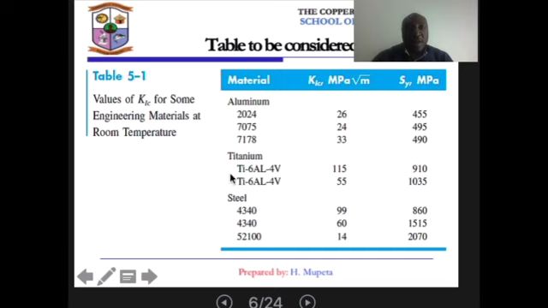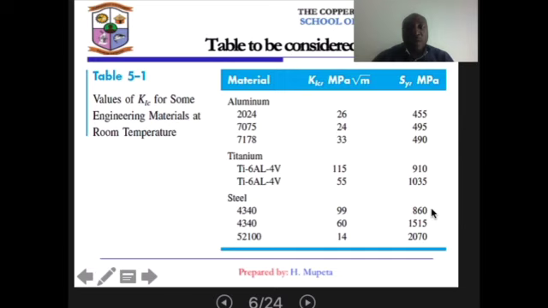So the titanium alloy with a yield strength of 910 megapascal becomes the weaker alloy, and the stronger alloy is the one with a yield strength of 1035 megapascal. We also have materials like steel, which also have a fracture toughness and a yield strength.